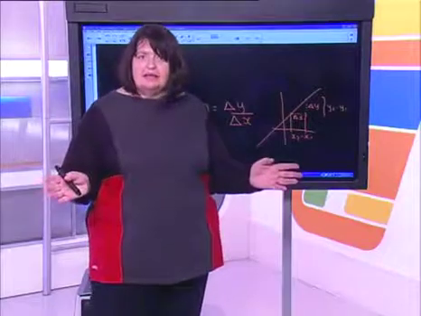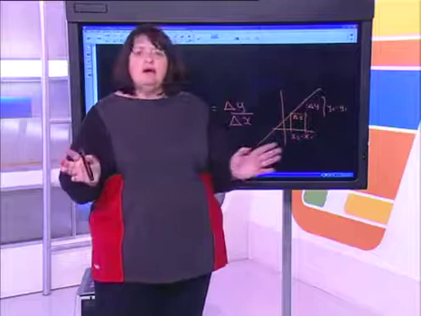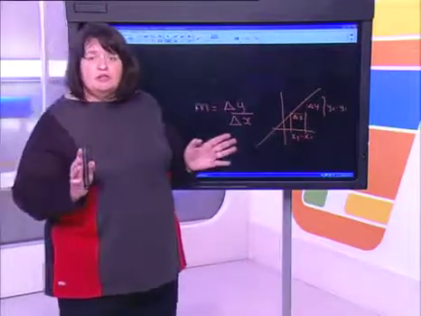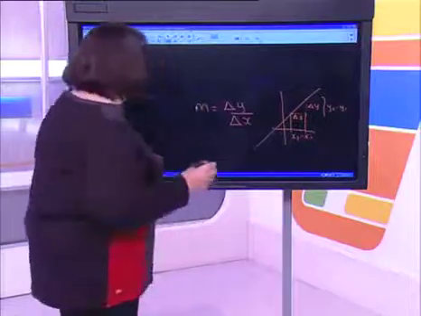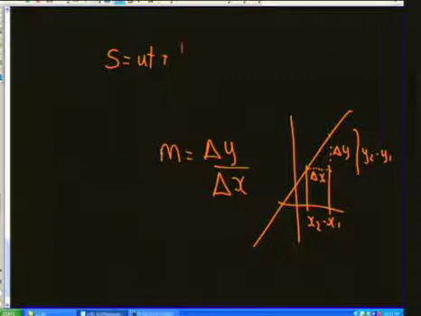Now, of course, that can be developed to anything that has a gradient. So if you do science, I don't know if you do, but I'm going to assume that maybe that's why you're asking. If you're looking at your equations of motion, and you're looking at your S formula, where you know that S is equal to ut plus a half at squared.